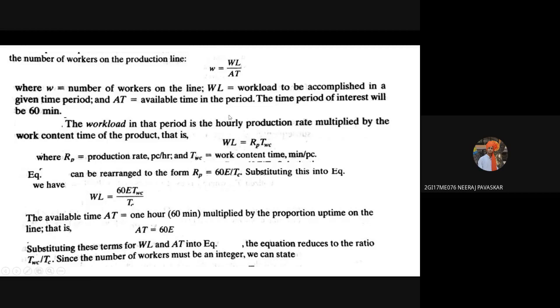Please substitute and tell me what equation you get. Basically, when you rearrange, it reduces to a ratio of TWC by TC. So W, the number of workers on the production line, will be given by TWC upon TC.